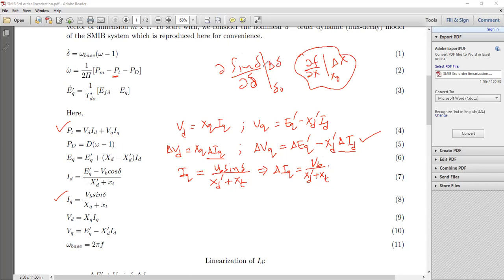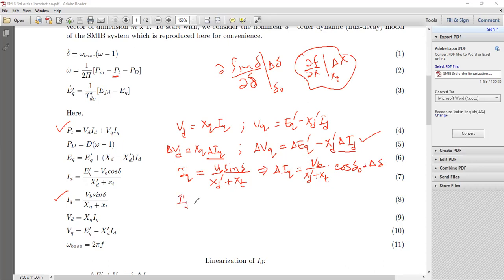So what would you get out of this? If you take the partial derivative of sine delta with respect to delta, cos delta, evaluated at delta equals delta naught, multiplied by del delta. Excellent. So this is what we will get. Clear? This is about del IQ.